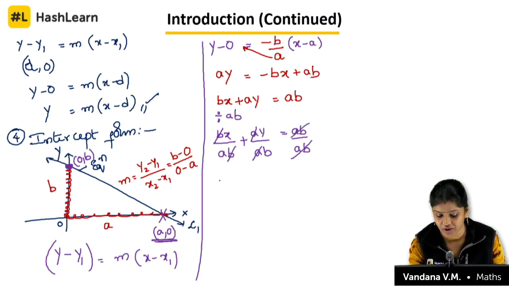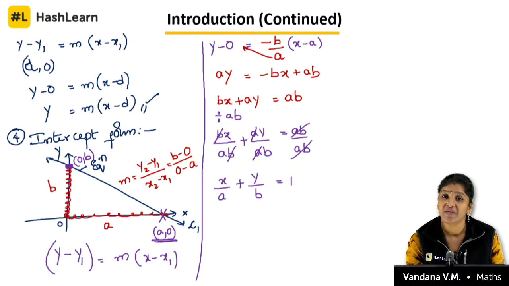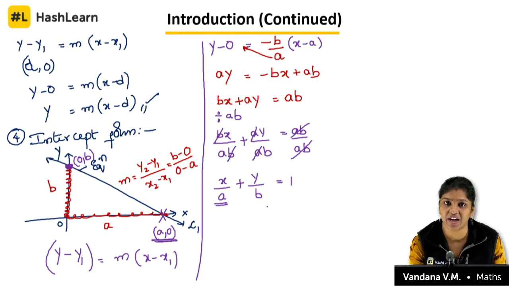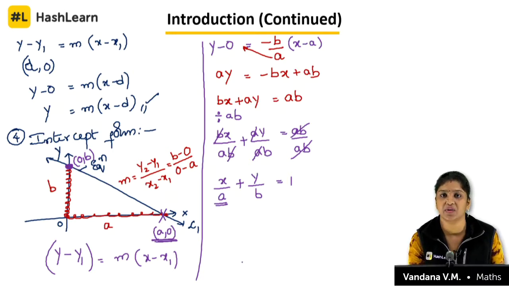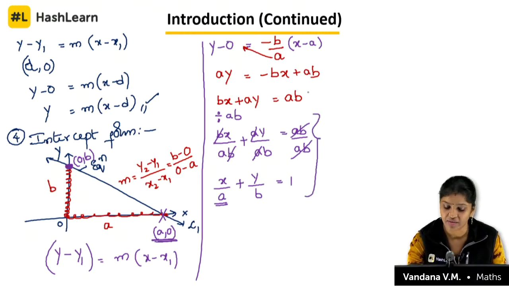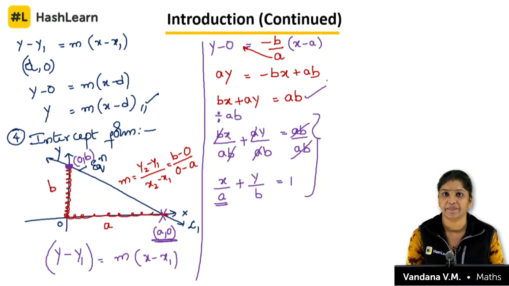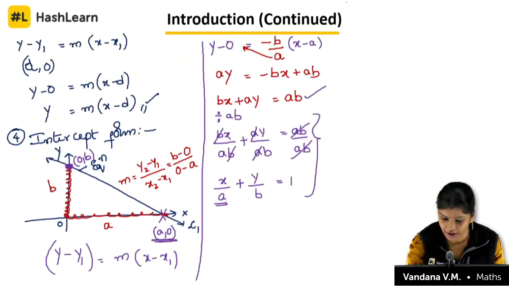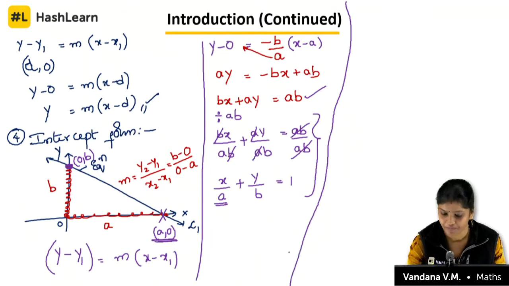The remaining equation is x by a plus y by b is equal to 1. Very simple to remember, because x divided by x-intercept plus y divided by y-intercept is equal to 1. For our convenience, we made this. Otherwise, the earlier form is also the correct answer. Clear, children? Yes. Next one is a very important format, that is normal form.